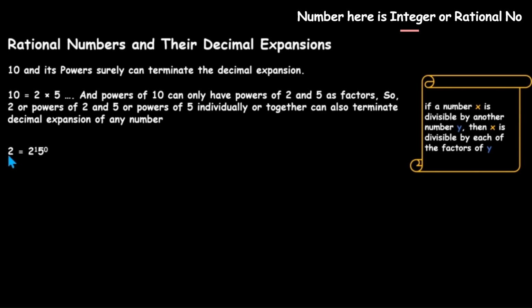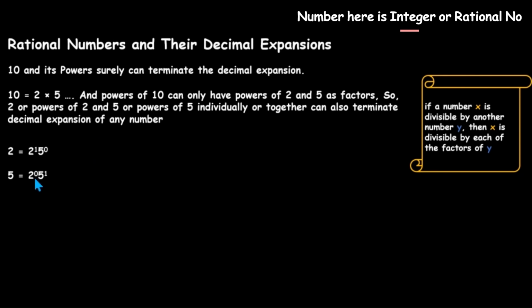So 2 alone can divide and make the decimal expansion terminate. So 2 is in the form of 2 power 1 and 5 power 0. As 5 power 0 is 1 and 2 power 1 is 2, so 2 into 1 is 2. Same is the case with 5. 5 alone can terminate the decimal expansion of any number.